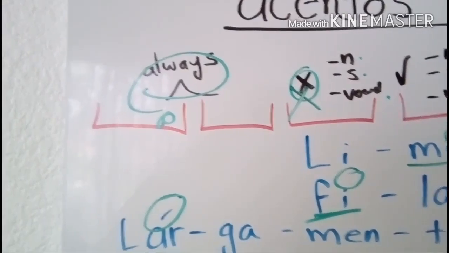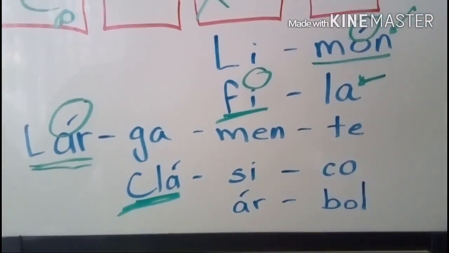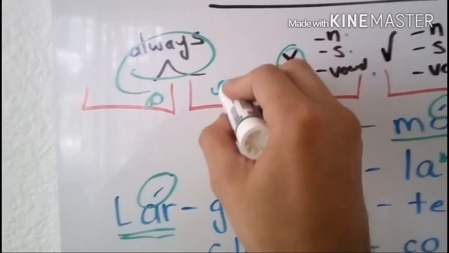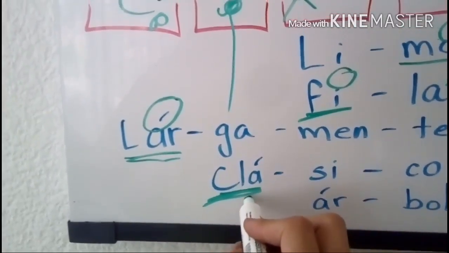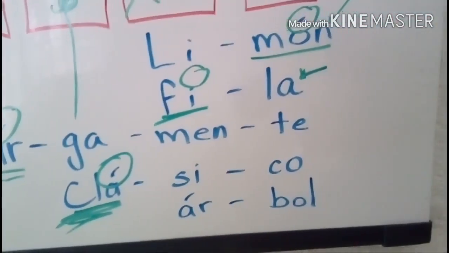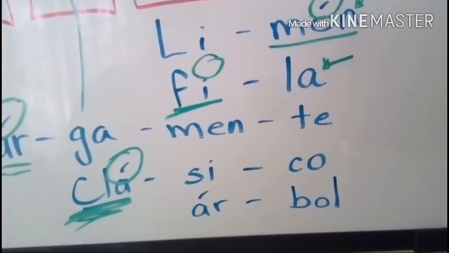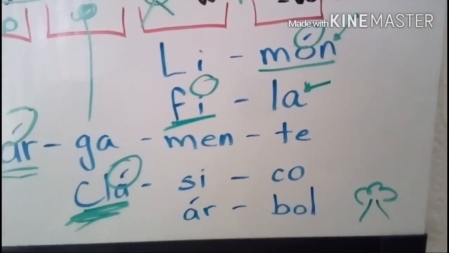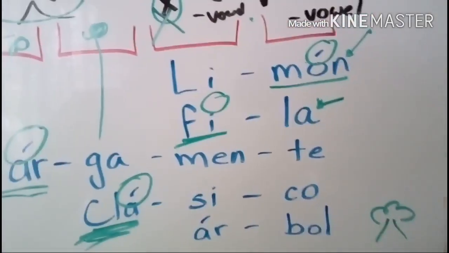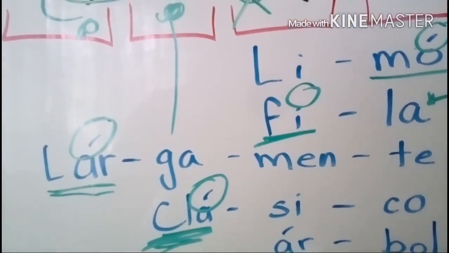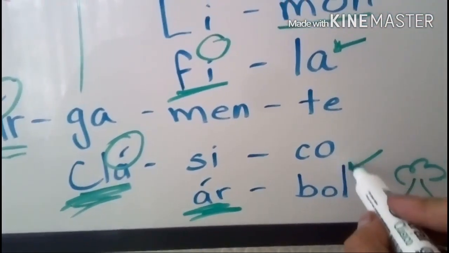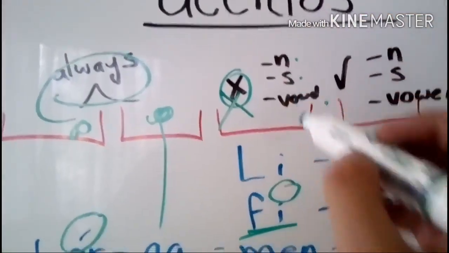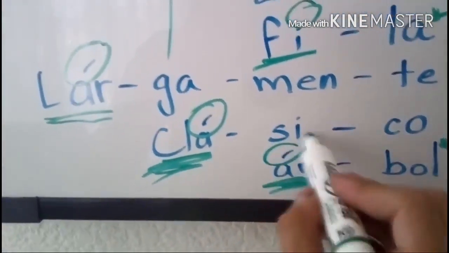Remember that the stressed sound is here in clá, and because it's divided into syllables, it always has an accent. And the last one, audible. Audible means audible. Audible has a stressed sound here, and because it ends with an L, not N, S, or a vowel, it has an accent.